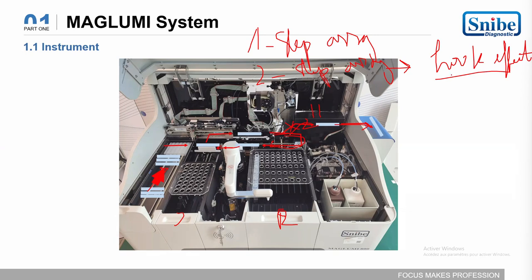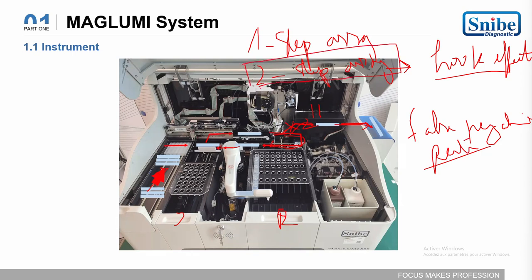In this situation, we get the hook effect, which leads to false negative results. Even if the result is positive, we will get a negative result. So in order to avoid this situation, we use the two-step assay for this kind of parameter.